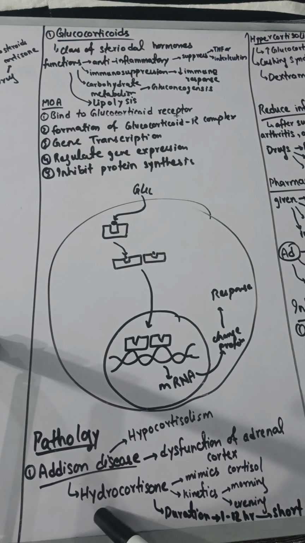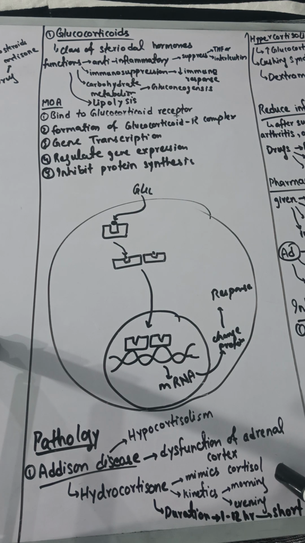In that case, we will give the drug hydrocortisone. Hydrocortisone acts similar to the glucocorticoid or cortisol. It is just mimicking the action of cortisol, and a very important point of its pharmacokinetics is that you should give that drug to the patient in the morning and in the evening.